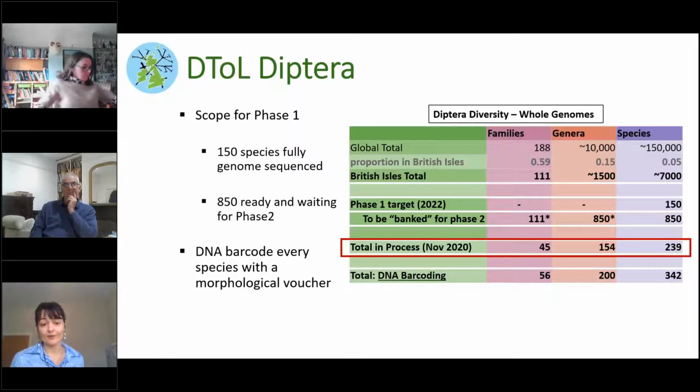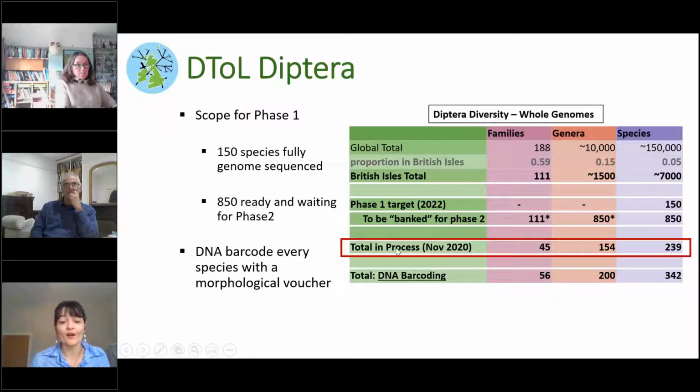We're DNA barcoding every species that comes in, but we're also trying to get an extra species for a morphological voucher. So our barcoding total is 56 families, 200 genera, and 342 species.